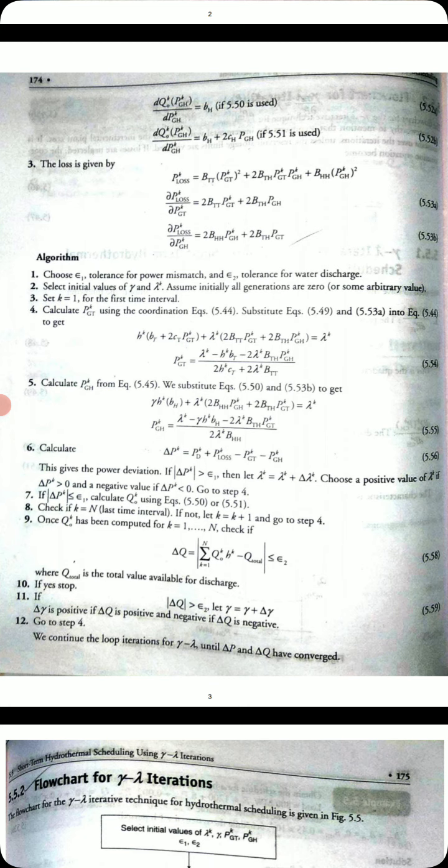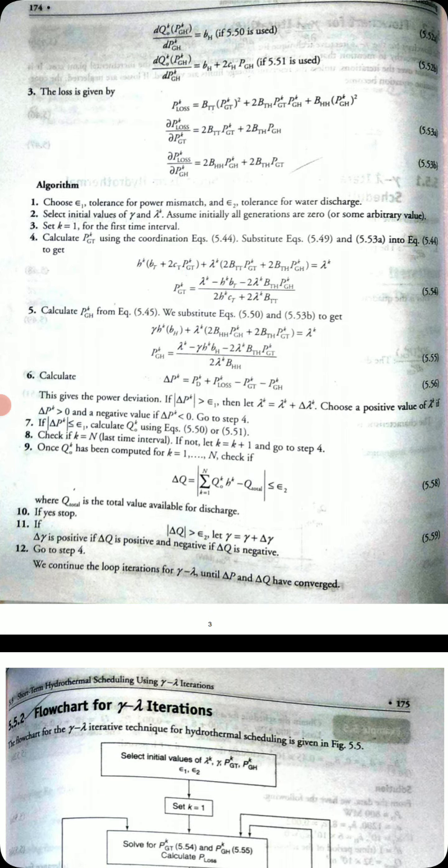If the delta Q is greater than the second tolerance limit, then we need to update gamma to gamma plus delta gamma. Delta gamma is positive if the delta Q is positive. If the delta Q is negative, then we need to go to step 4 once again. We continue the loop iteration till delta P and delta Q converge.